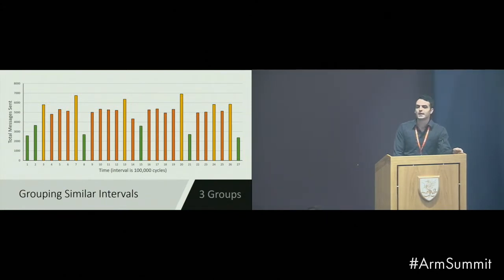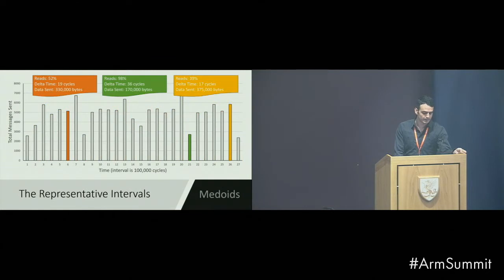And then because we're using k-medoids, we can actually find out what the most representative interval is for a group, right? So for the green group, which one is the most representative interval? Here with k-medoids, we find that we have orange, green, and yellow corresponding to these intervals as the medoids. And we see that each one has a pretty different statistical profile, right? We're looking at 52% reads in orange versus close to 100% in green versus just under 40% in yellow.